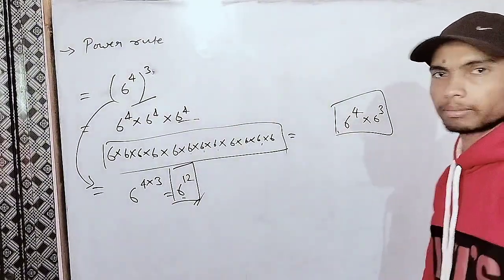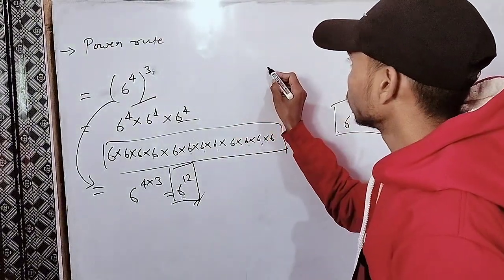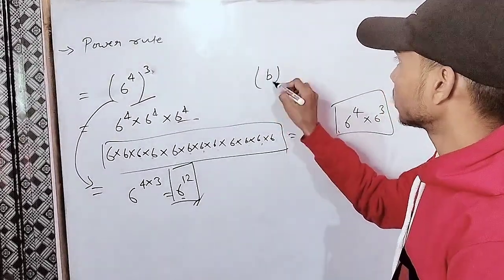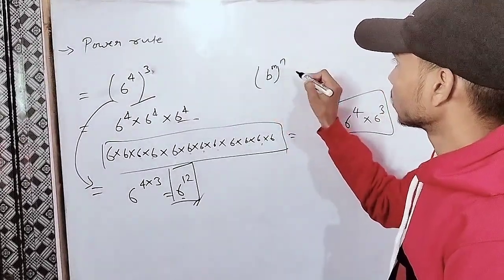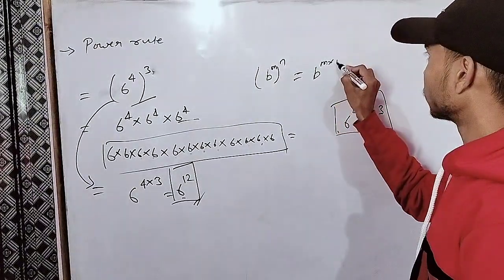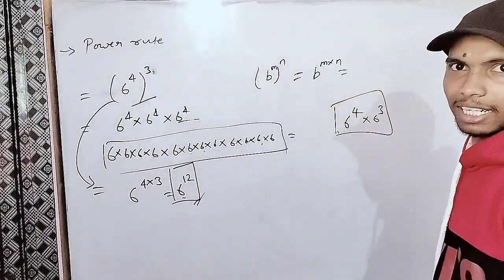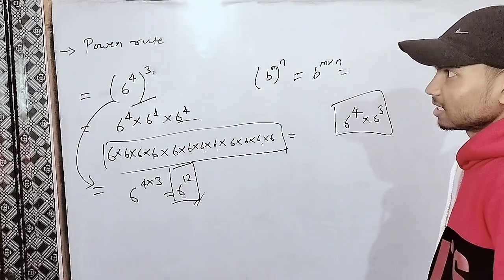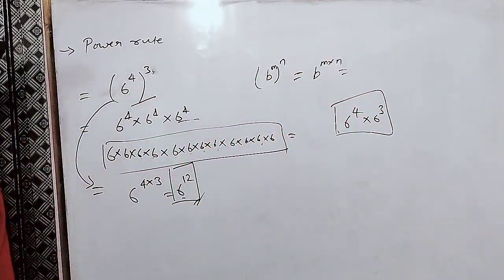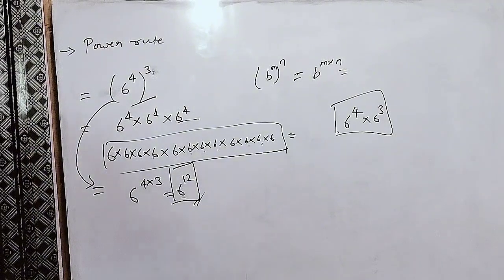Did you understand? So you can write it like that. Just remember, then multiply, then we will get the answer. This is the rule. Did you understand? Can we move to the next?